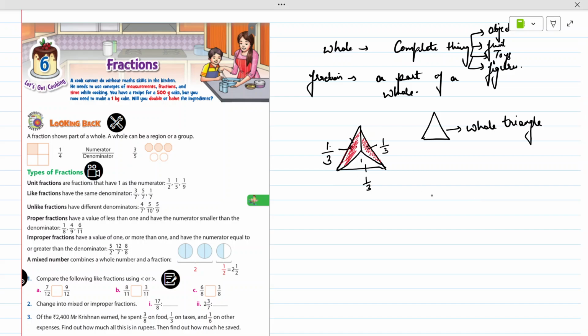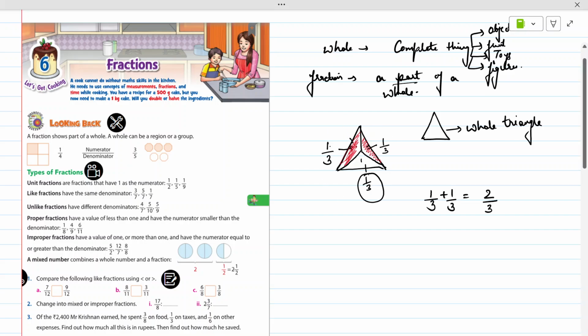So the shaded fraction will be this 1 by 3 plus this 1 by 3, which makes 2 by 3. That means the 2 by 3 part of this whole triangle is shaded now. And the remaining 1 by 3, this is not shaded. Okay, so these are called fractions. A fraction represents a particular part of a whole thing.